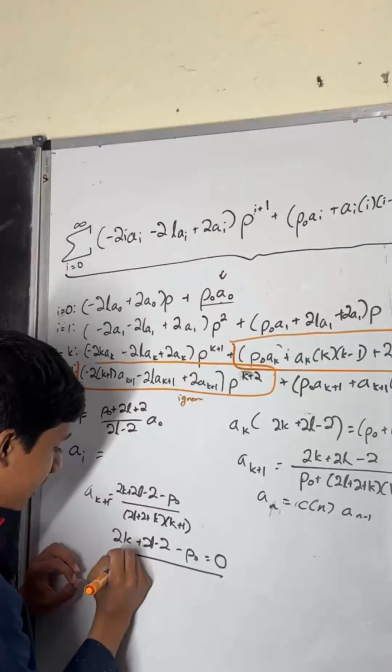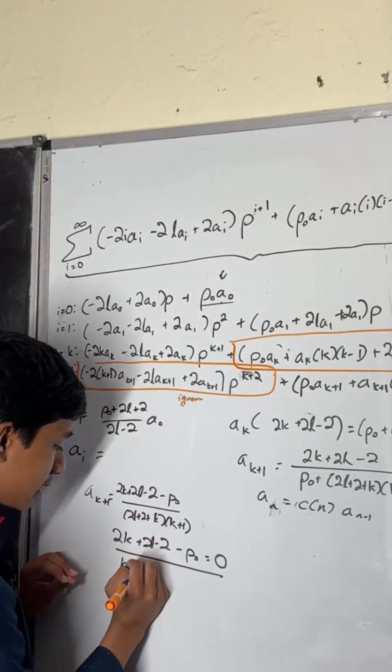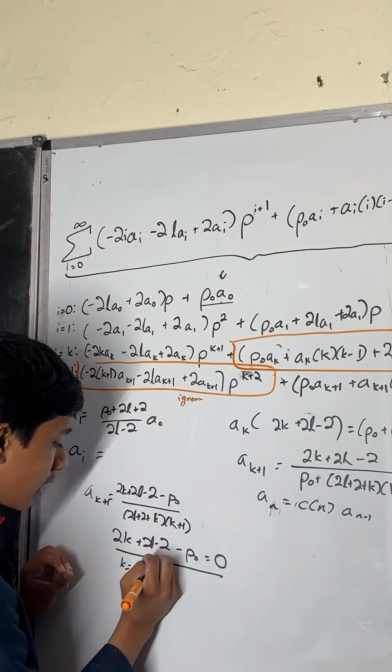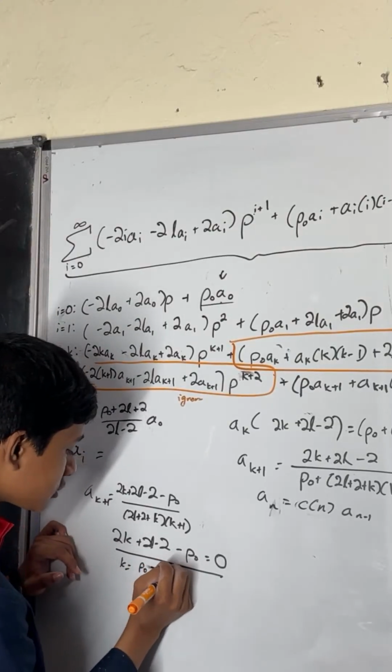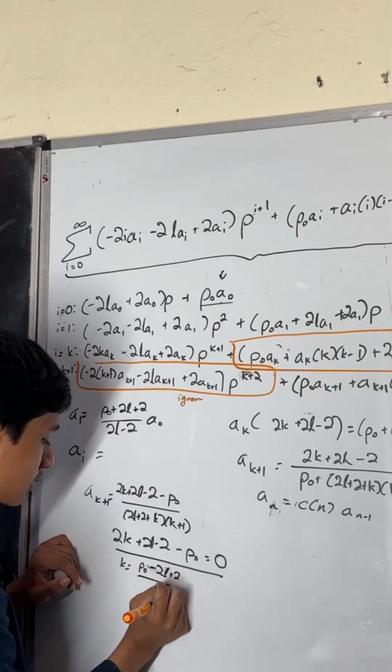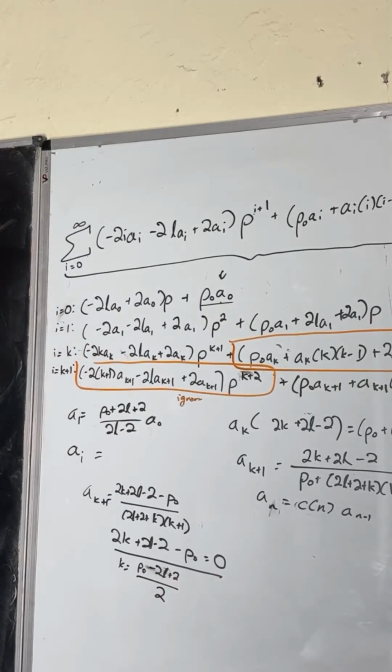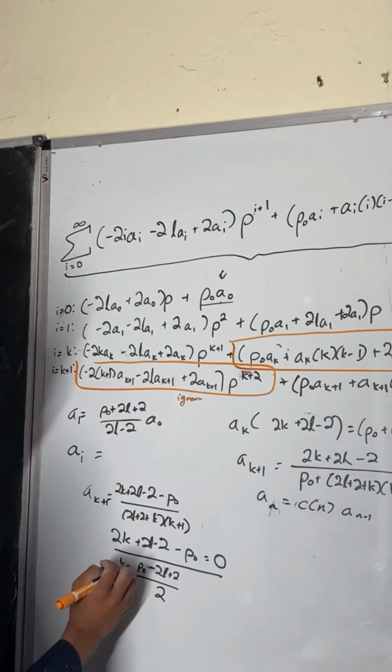So what k is this possible for? Well, it has to be (rho naught minus 2l plus 2) over 2. And after that, everything else has to die, unfortunately.